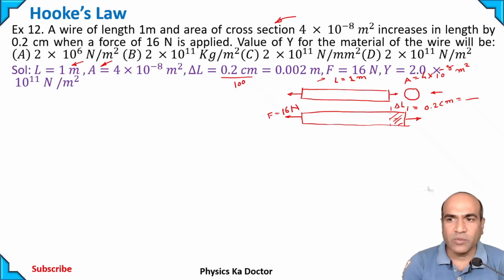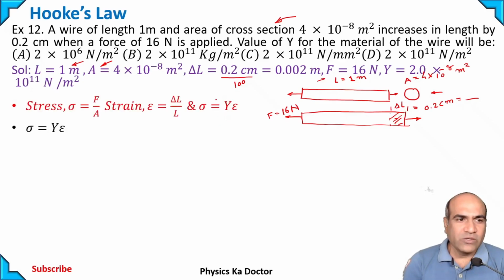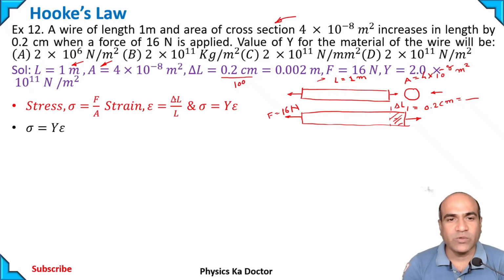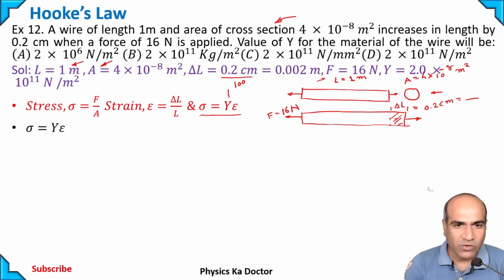So different options are given here, and we need to select which one is the correct one. Let's see. We know that stress sigma is equal to force by area, strain e is equal to change of length to the original length, and as per Hooke's law, sigma is equal to Y e, and we need to find this value of Y. What is sigma?